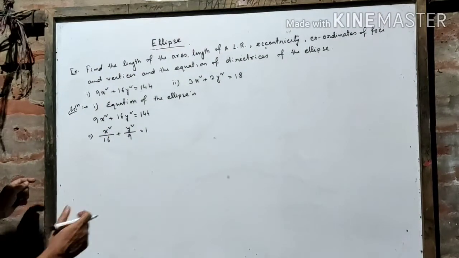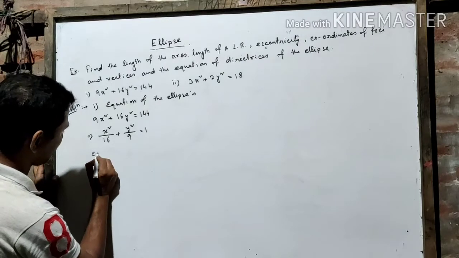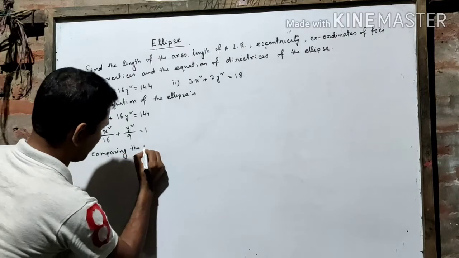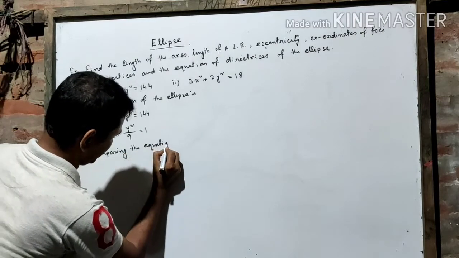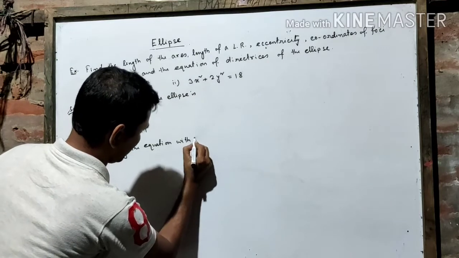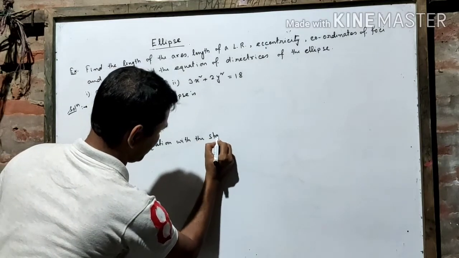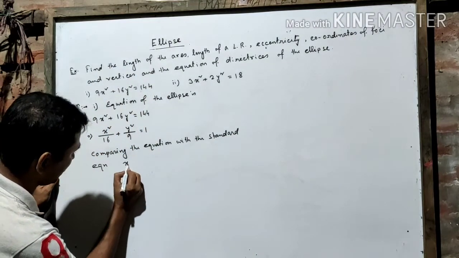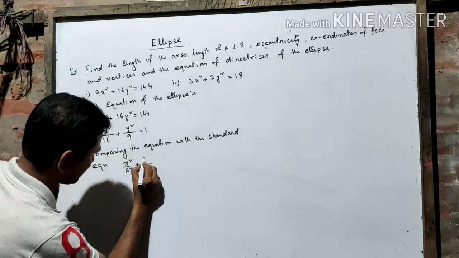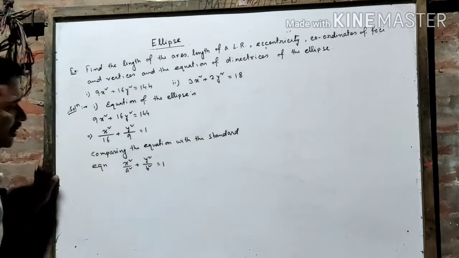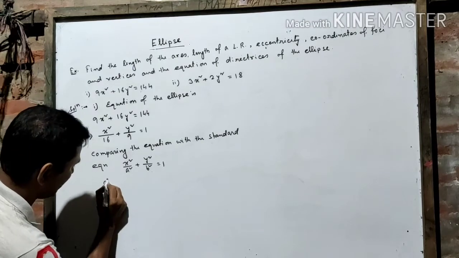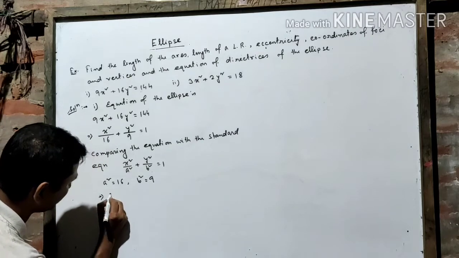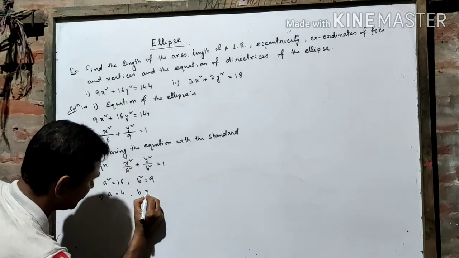Okay, comparing the equation with the standard equation, x square by a square plus y square by b square is equal to 1, a square is equal to 16, b square is equal to 9. This implies a is equal to 4 and b is equal to 3.